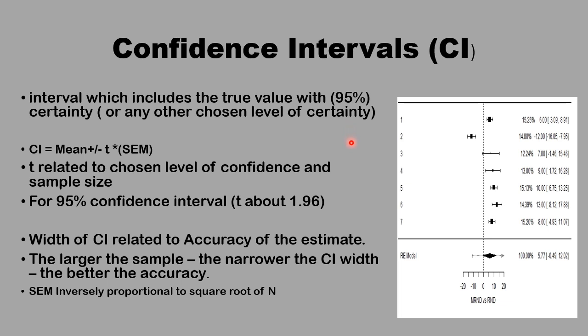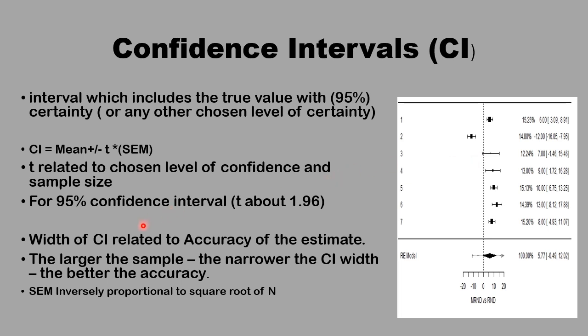Now, if you want to be more certain, you could choose 99% certainty, but that would entail multiplying the standard error by 3 rather than 2. And that would also widen the confidence interval. So you would have a higher degree of certainty, but with a wider confidence interval.